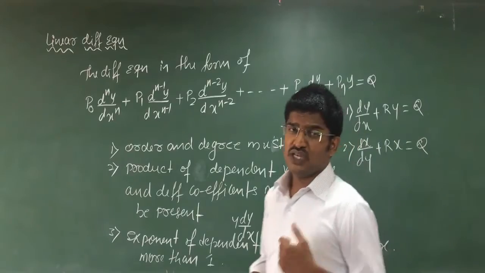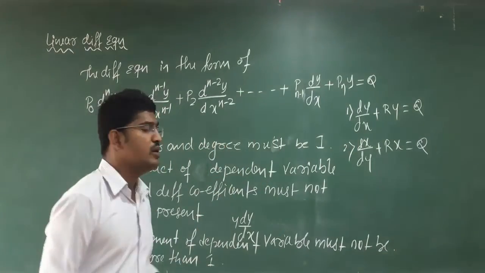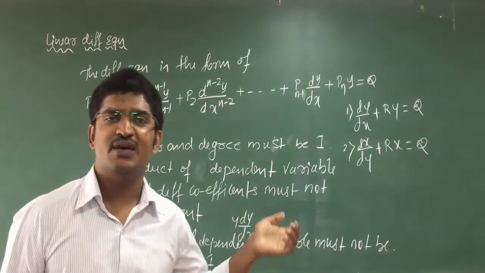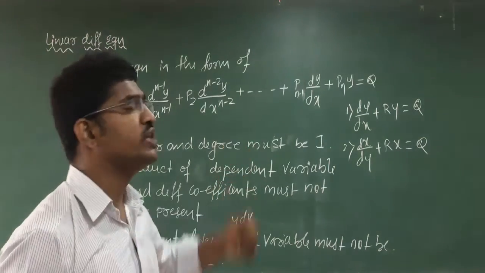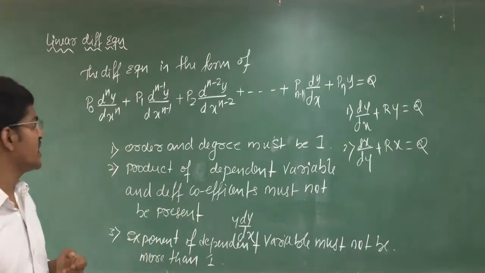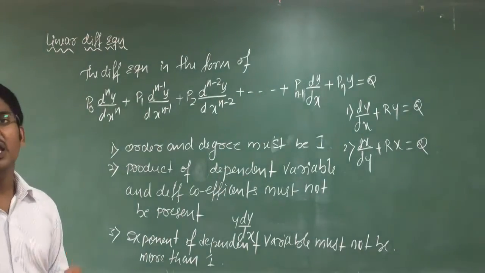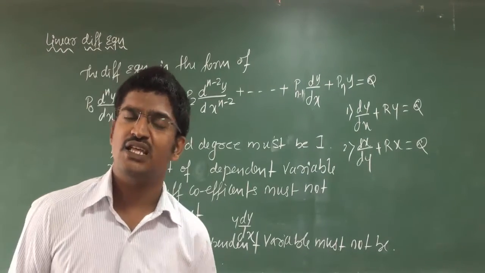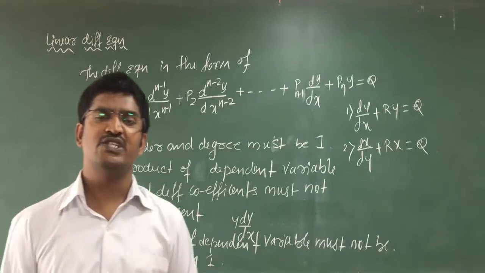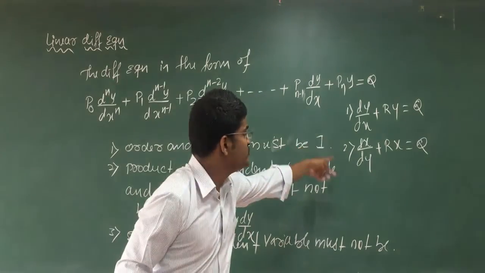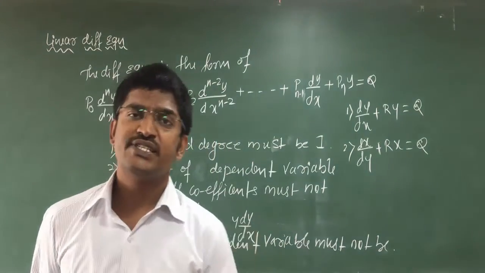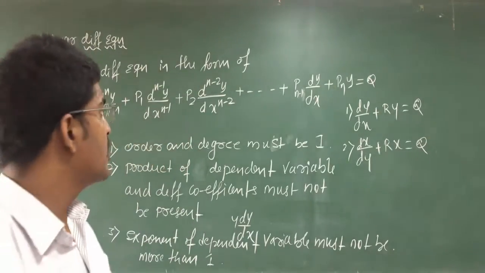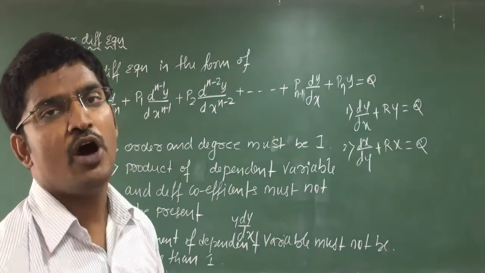So we shall see one by one the problems on that and the method of solving those two. First, be perfect at identifying whether it is a linear differential equation or not. If that is correct, then you can apply the method of linear differential equation, any one of these, and you can simplify. Clear, students? Okay, now let us see some of the problems.